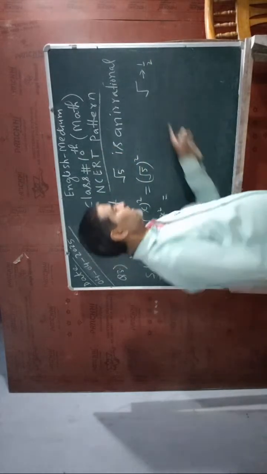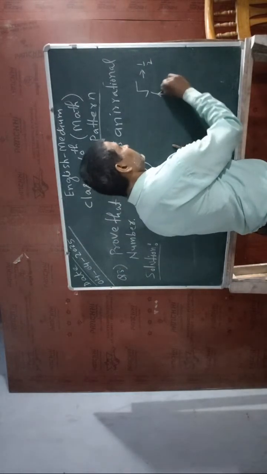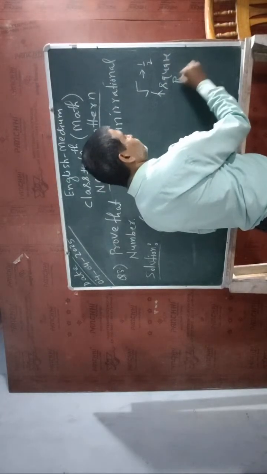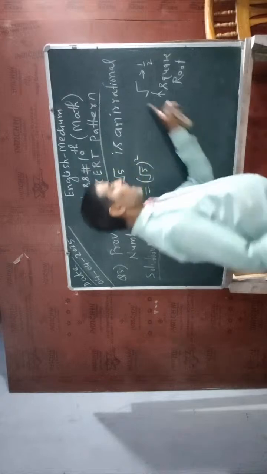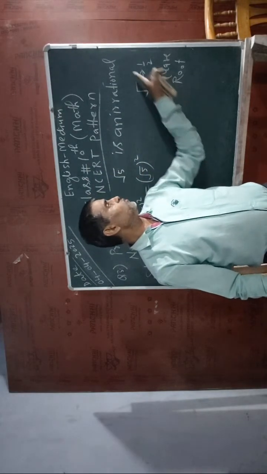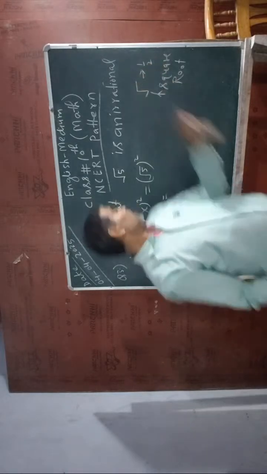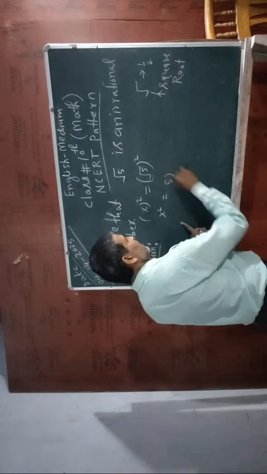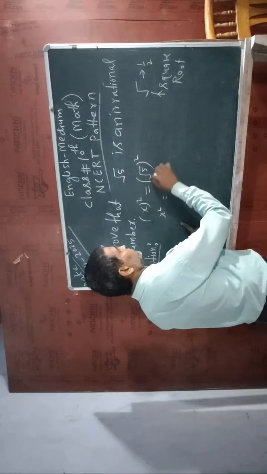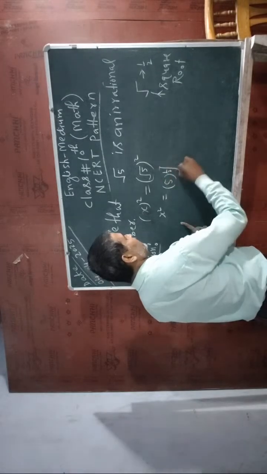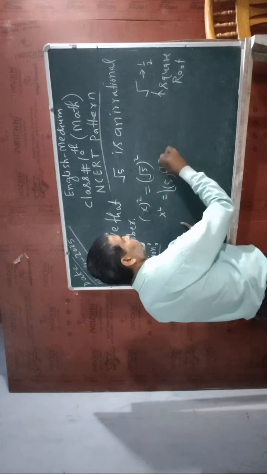This symbol is the square root, and its value is written 1 by 2. Now in the place of square root I will write 1 by 2, and then power is also 2.